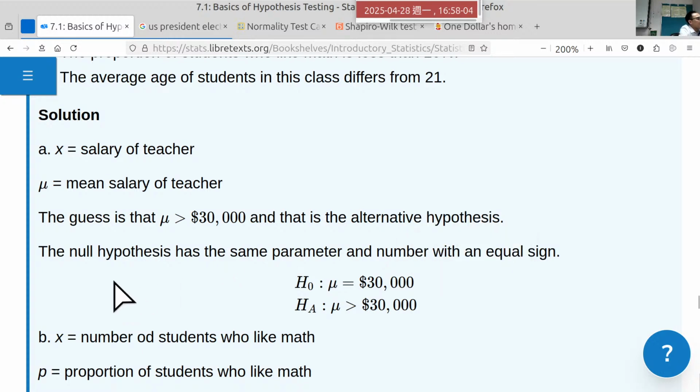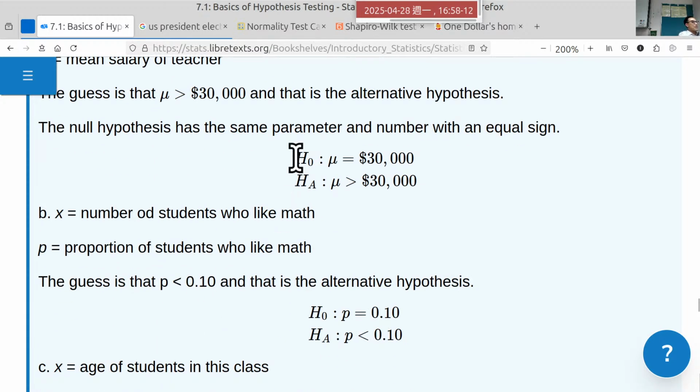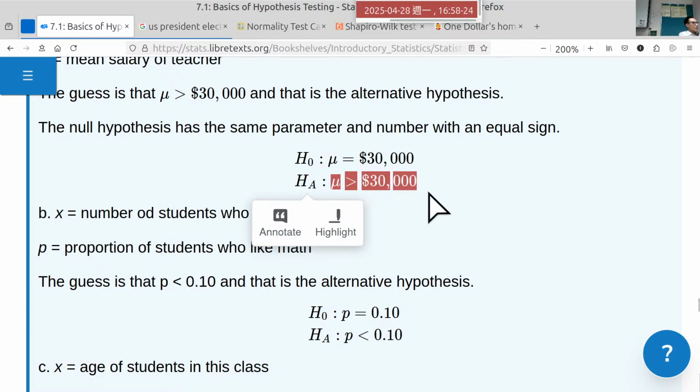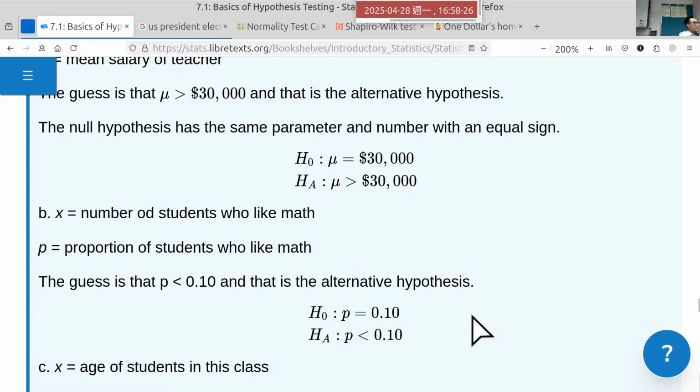And the null hypothesis uses the same parameter and number with an equal sign. Here, the null hypothesis is mu equals $30,000 for the teacher salary. The alternative hypothesis is mu greater than $30,000. Okay, let me finish this section, then we will have a 10-minute break.